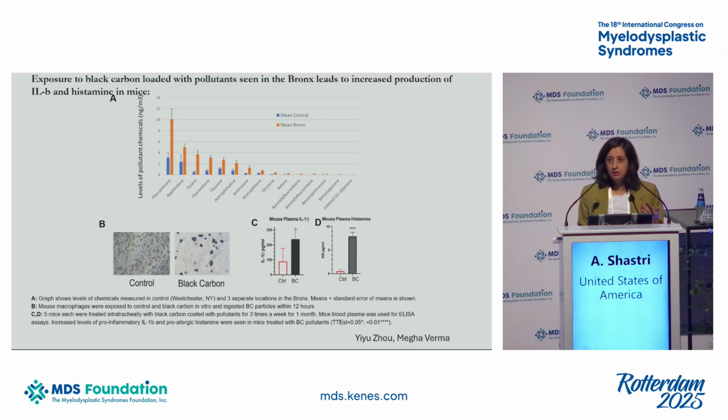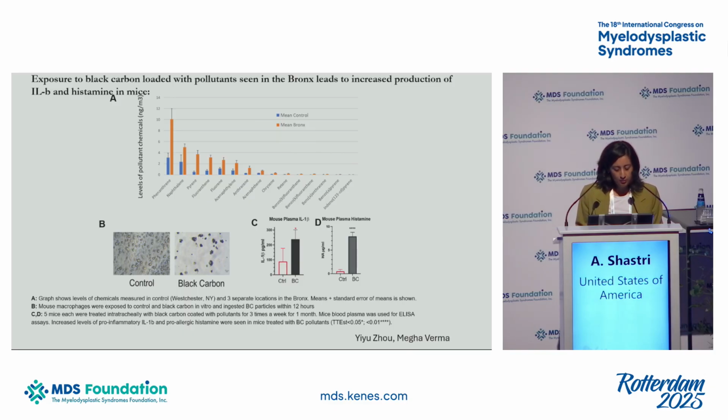When we tried to dig deeper with in vivo models to understand what is happening at a more granular level biologically, one of the things we could see in panel A is the levels of pollutant chemicals, as measured by chemical analysis, which were higher in samples that we studied in the Bronx compared to controls.